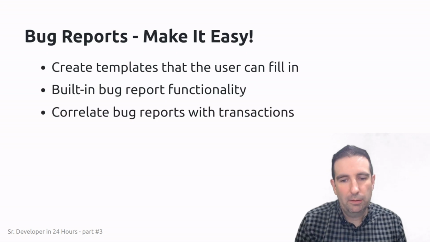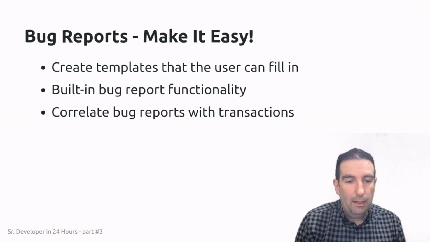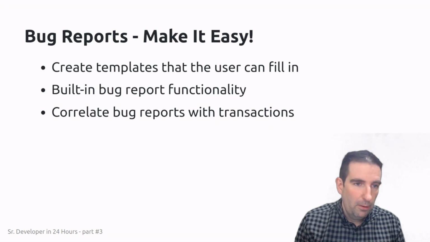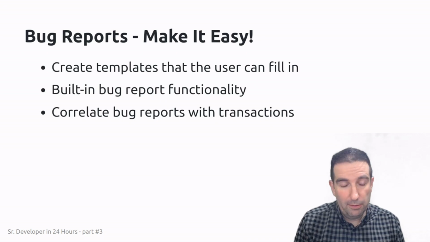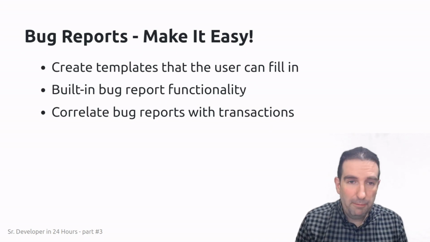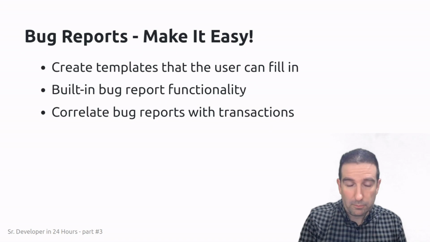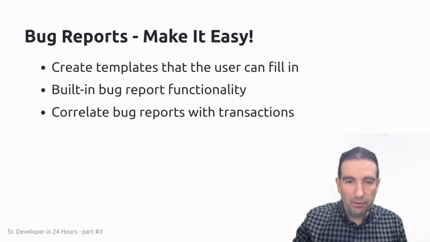If we are talking about internal applications, we can potentially expose a transaction identifier, and then we can have people submit that transaction identifier so that we can correlate a bug report with information about that transaction, mainly things like logs, for example, especially if we're doing things like distributed logging, where we have a transaction ID that follows a particular user request across multiple systems.